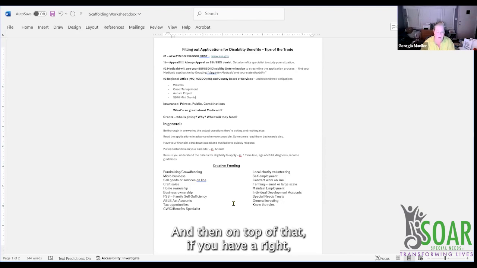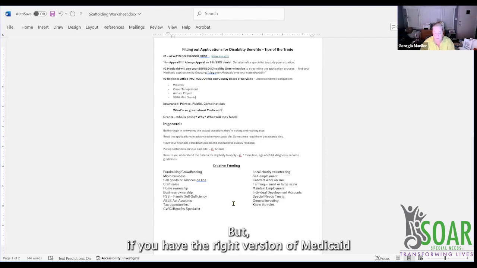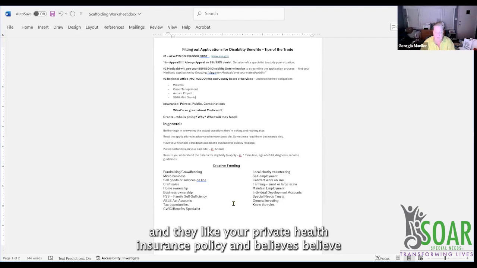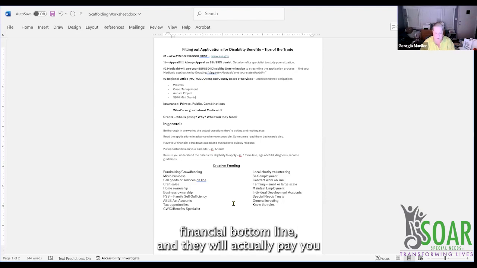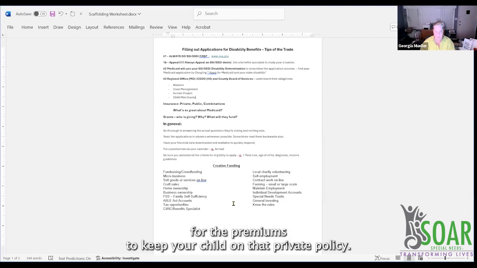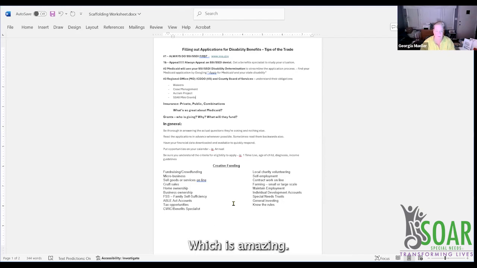And then on top of that, if you have the right version of Medicaid, which they've narrowed a little bit recently, and they like your private health insurance policy and believe that the benefits under it are going to be beneficial to the state's financial bottom line, then they will actually pay you for the premiums to keep your child on that private policy, which is amazing.